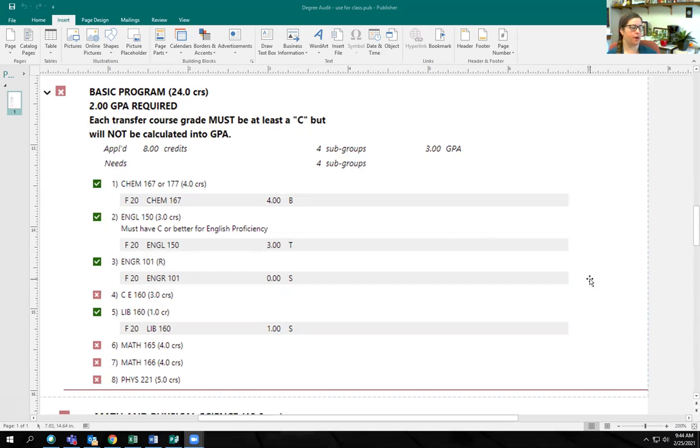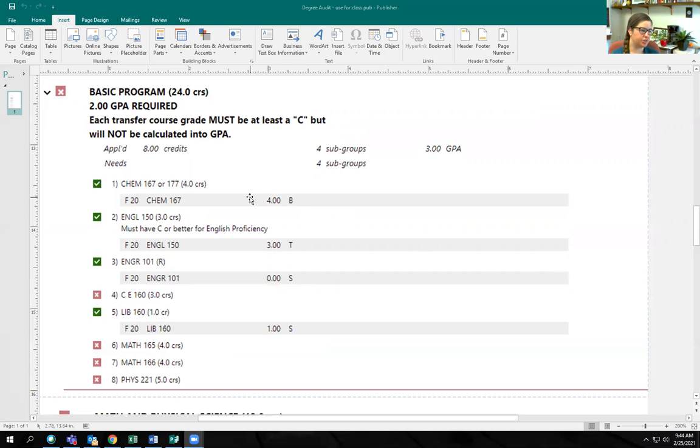So the basic program is something that every engineering major has. Whether you're ME, CE, ConE, we have the same courses in this program. That's really nice, because it allows people, like if you started as engineering undeclared, you were probably already making progress on this before you became a ConE.